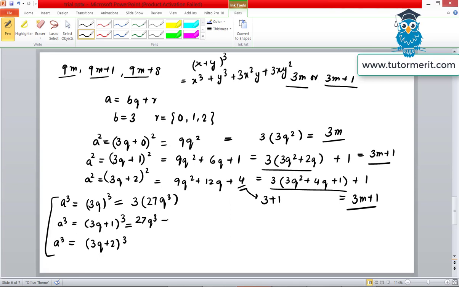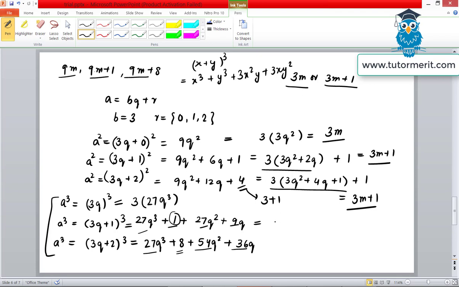So I'll just expand this. Expansion of this would be, so this is the expansion that I have. Now carefully observe, all these are divisible by 9. So I can have 9m here, plus 1. Then start looking at this. All of these are divisible by 9, and this is plus 8. So this is what I wanted.